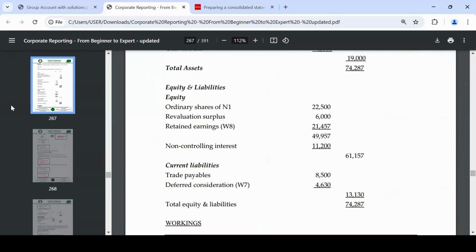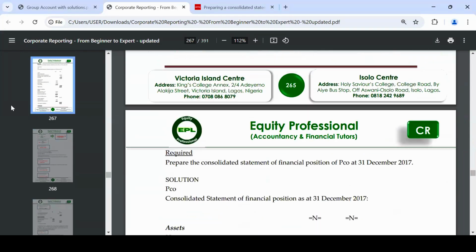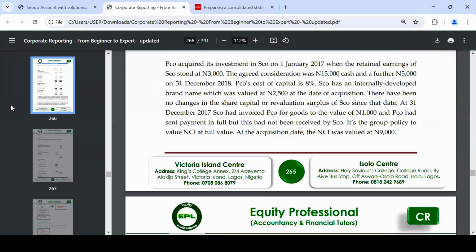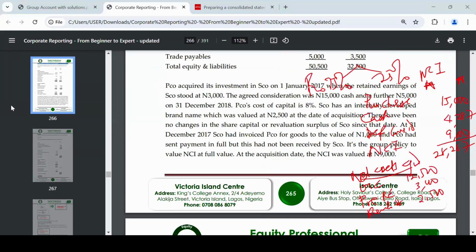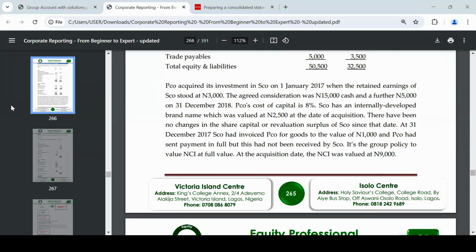This was why they told you that since the acquisition, pay attention to this part. Let me take away all my notations. We read it briefly and then we left. It said there have been no changes in the share capital and revaluation surplus since that date.